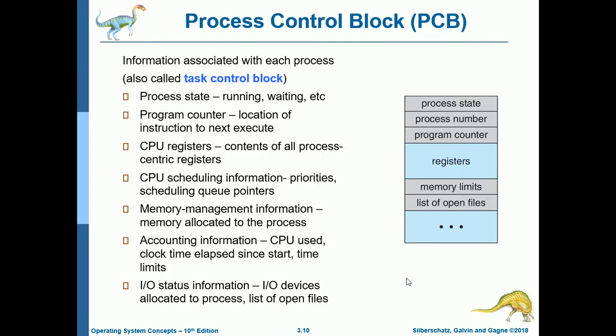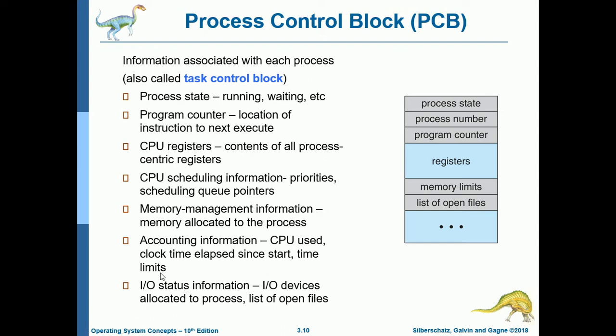Okay, next we have the process control block, or the PCB, information associated with each process, also called task control block. The process state, as already demonstrated previously, is running, waiting, and others.